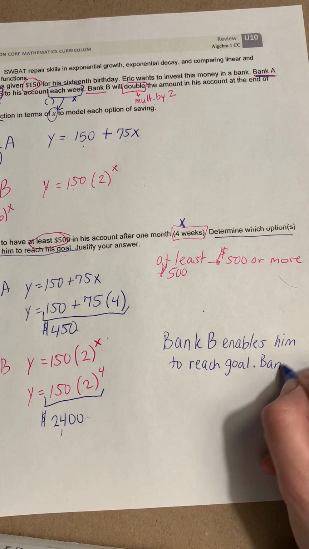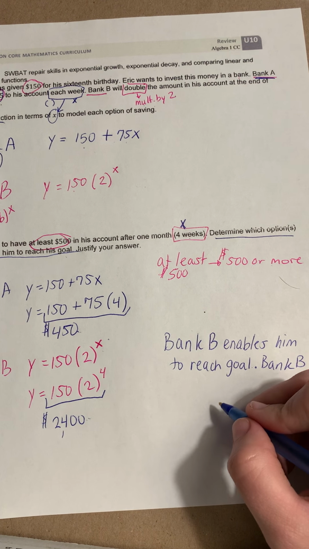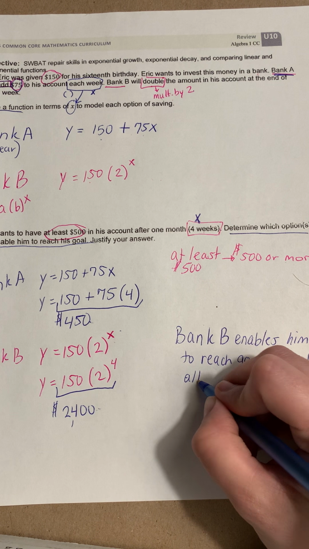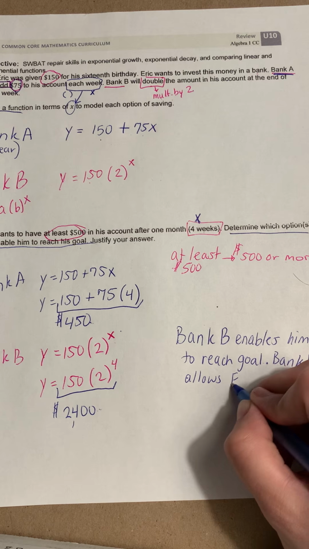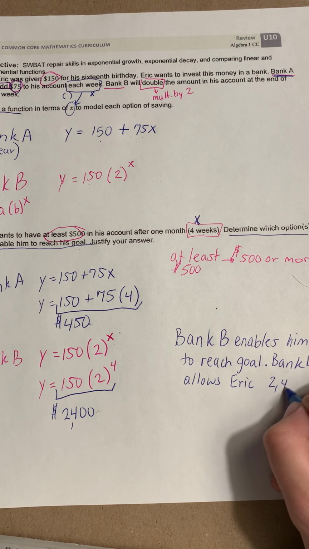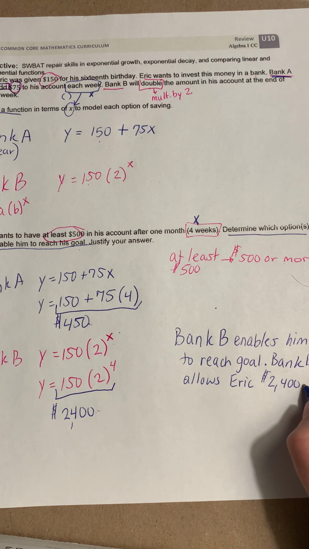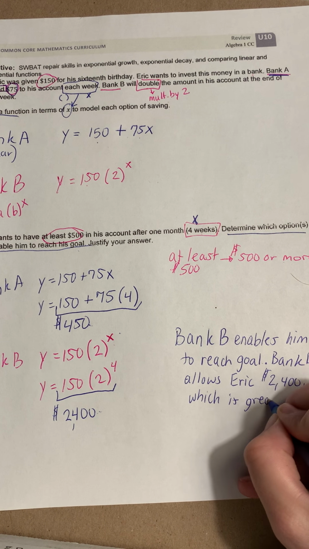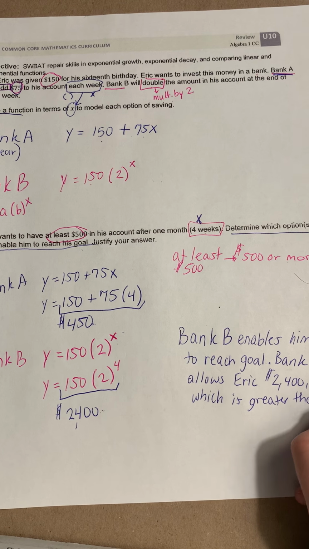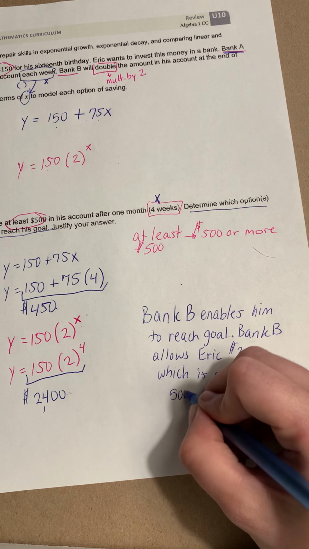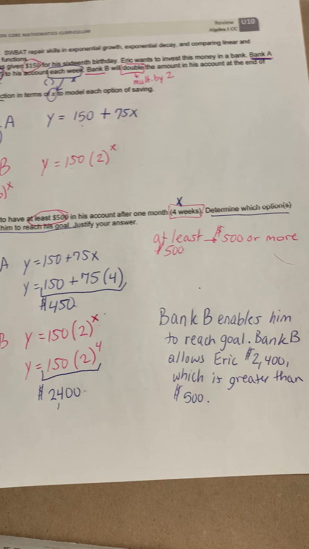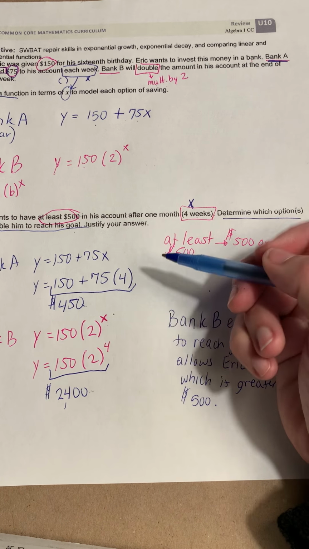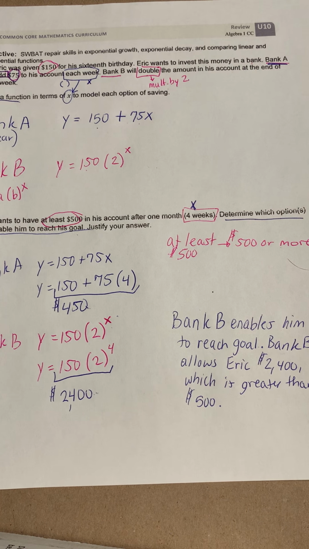And then I should say Bank B allows Eric $2,400, which is greater than $500. You could also add that Bank A doesn't work because $450 is less than $500 if you wanted to add a little extra in there.